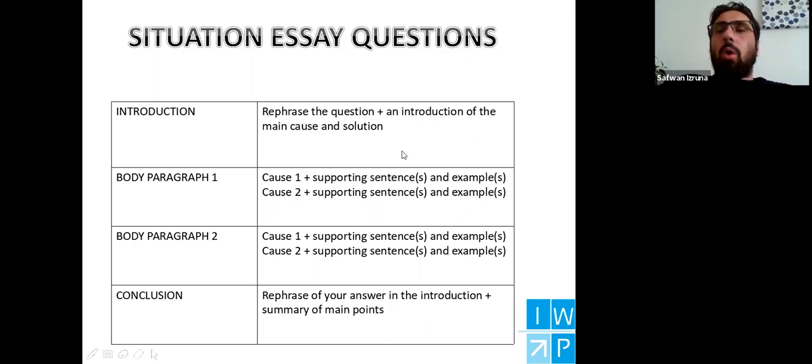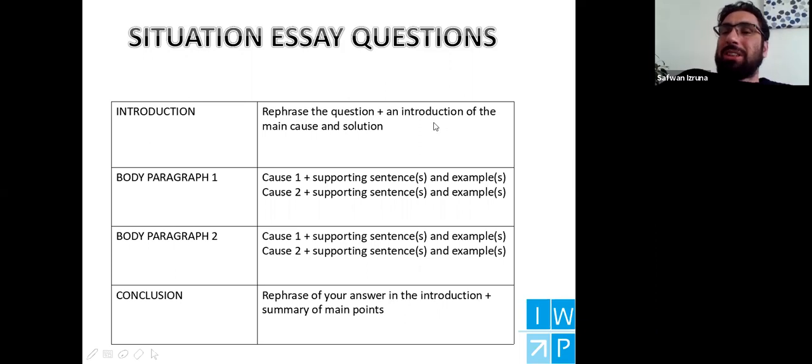Okay, or what we could do is, for example, rephrase the question, which is the problem. So we could say people are becoming more and more overweight, for example. And then what we could do is say, in this essay, I'm going to present some of the possible causes and solutions for this problem. Okay.